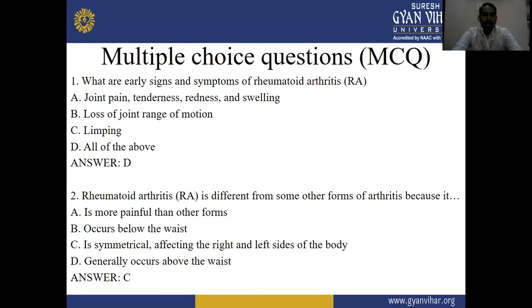Option B, occurs below the waist. Option C, is symmetrical, affecting the right and left side of the body. Option D, generally occurs above the waist. The right answer is C, is symmetrical affecting the right and left side of the body.